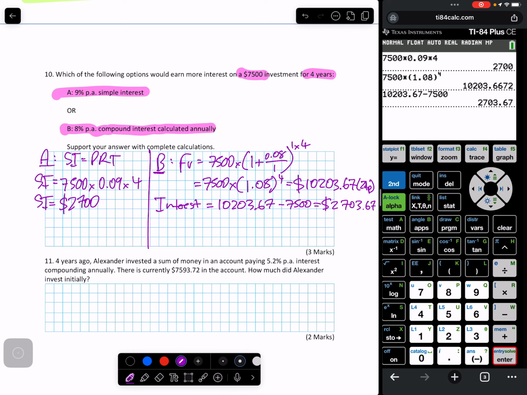So therefore, option B earns more interest. Option B earns more interest because it earned 2703 versus 2700.